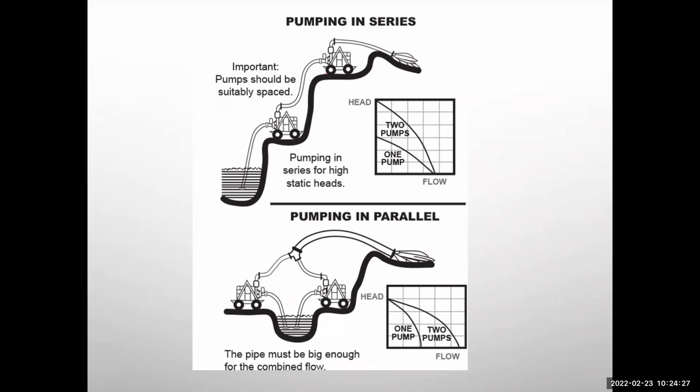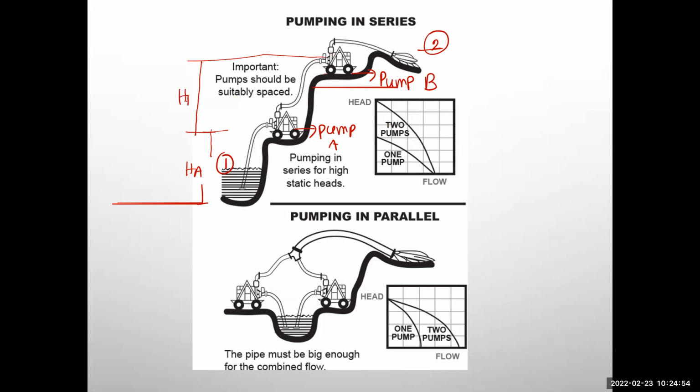Now for pumping in series, this is pump A, this is pump B, this is point 1, this is point 2. So pump A is adding head HA, and from this point to this point, this pump is adding a little bit more head. So finally, what is the total head?